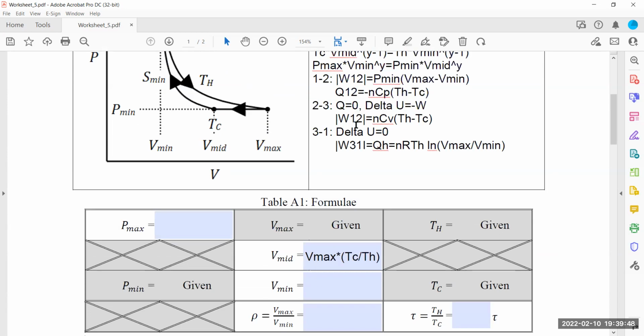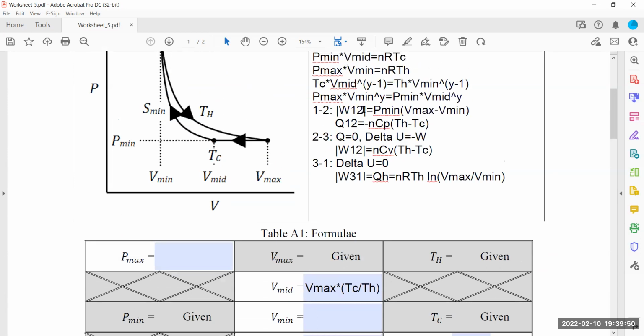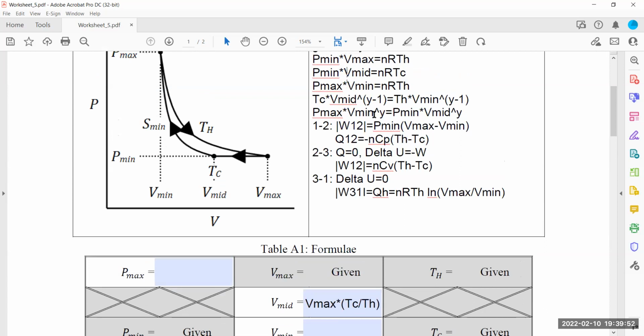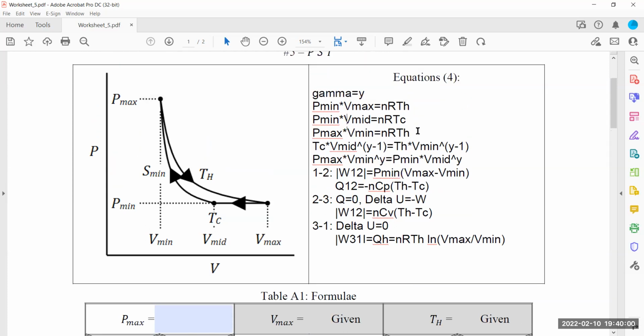Sorry, I'm sorry. And we have this equation in here that also has P max in it and V min in it. Okay. So we have two equations that we really have to solve. We have this equation here that involves two unknowns, P max and V min. T_H is known.